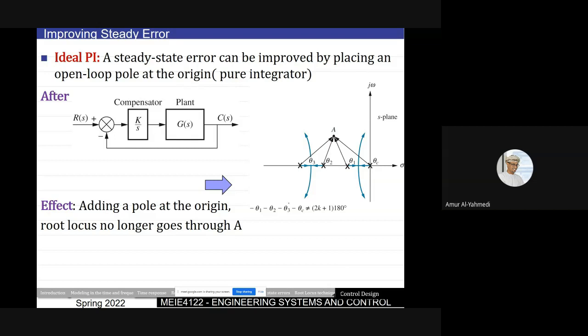Suppose I don't want to change the root locus, because I'm working on the steady state error, not on zeta and omega. I only want the steady state error to improve, and it will be better if you have an integrator, a pole at the origin. But if you put it, your root locus will change. So if I don't want my root locus to change, what should I do?